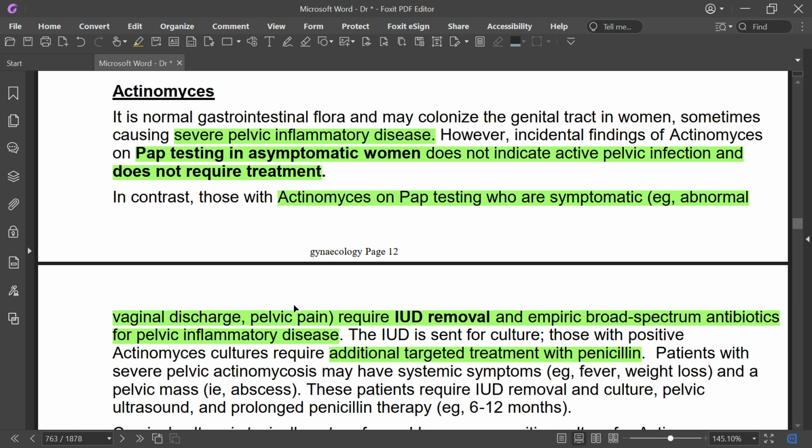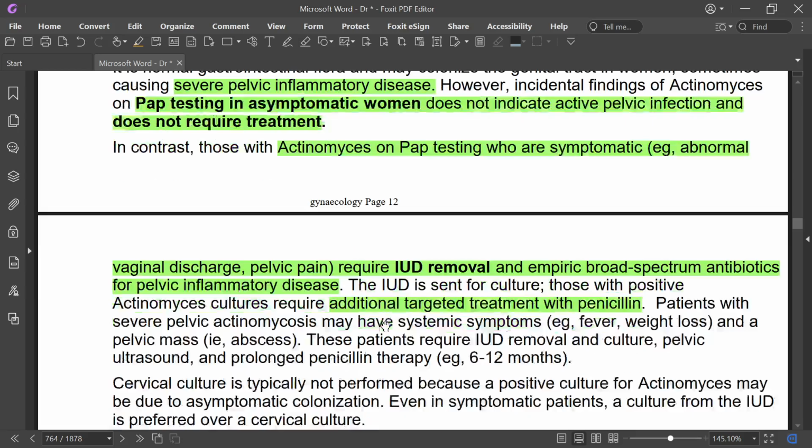What you need to do is remove the IUD, along with empiric broad spectrum antibiotics for PID. The IUD is sent for culture, and with a positive actinomyces culture, additional targeted treatment with penicillin. Penicillin is a must and additional treatment should be added.